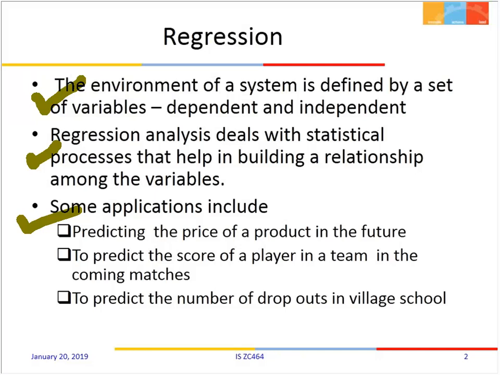Okay. And then in order to predict the number of dropouts in the village school, different parameters which affect this would be the requirement at home, a requirement in the agricultural field by the parents of these kids. There could be certain facilities which are not there in the school. There could be the food which is actually making them come to the school, and if it is not available, then there are likely chances that the school children will drop out.